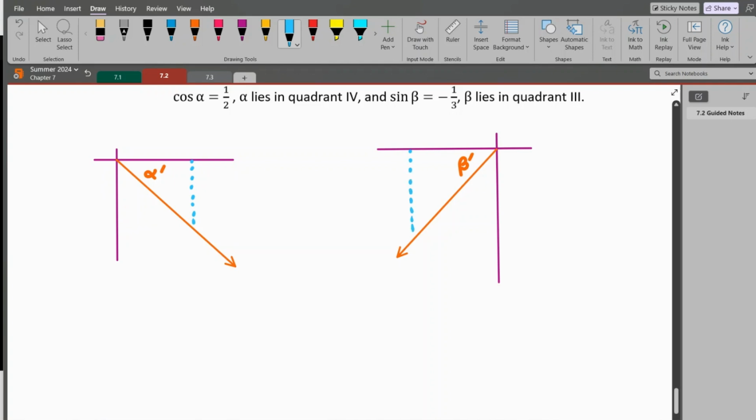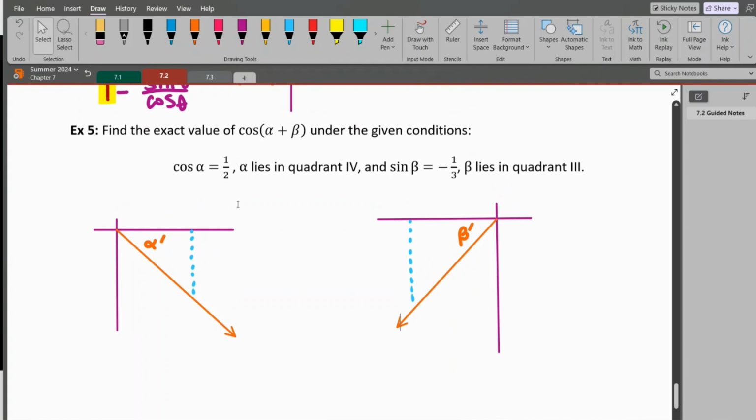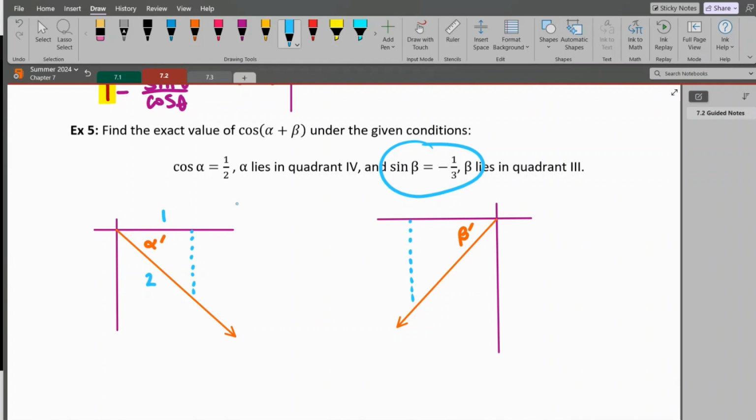And we know that cosine is adjacent over hypotenuse, while sine is opposite over hypotenuse. And then we could use our Pythagorean theorem to find the missing sides here.